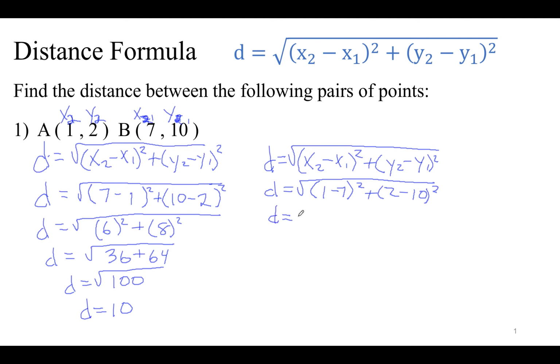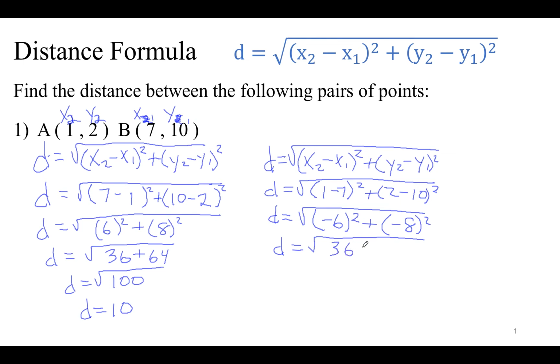Again, working inside out. You do 1 minus 7, which is negative 6, but that's inside of parentheses. 2 minus 10, which is negative 8, and that's inside of parentheses. So when we're squaring that, negative 6 squared is going to be, again, 36.